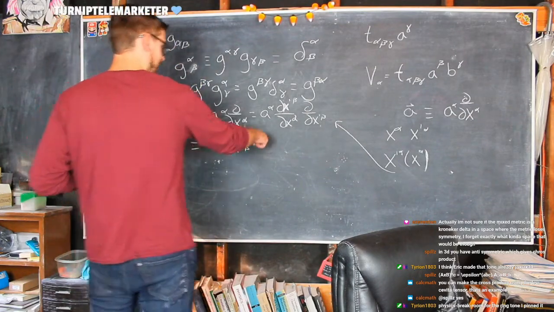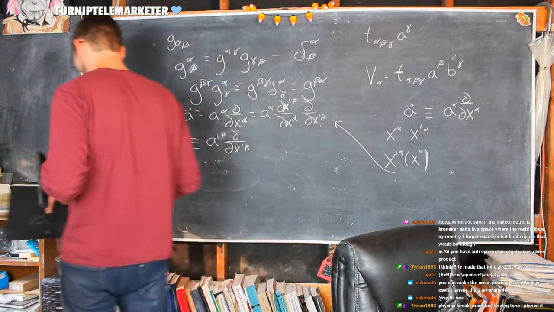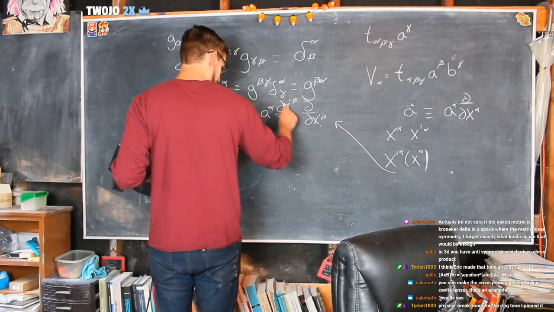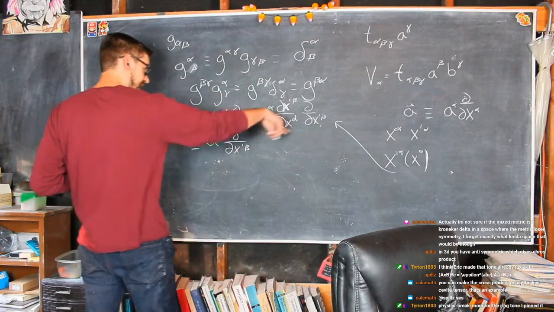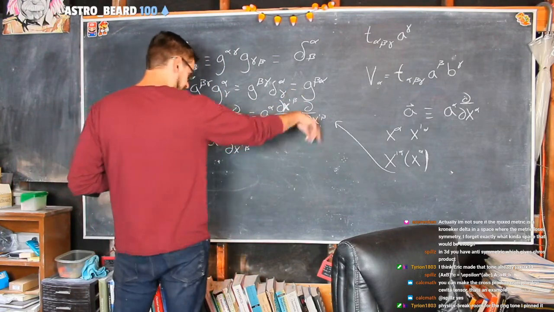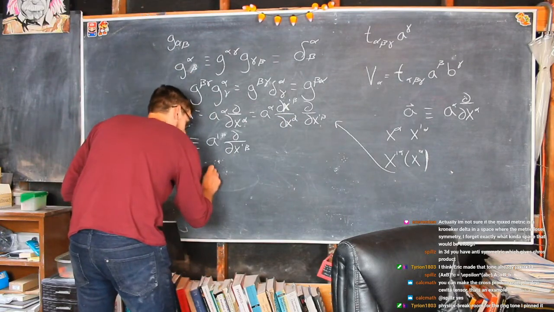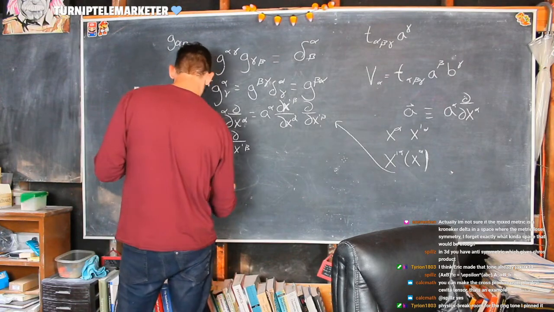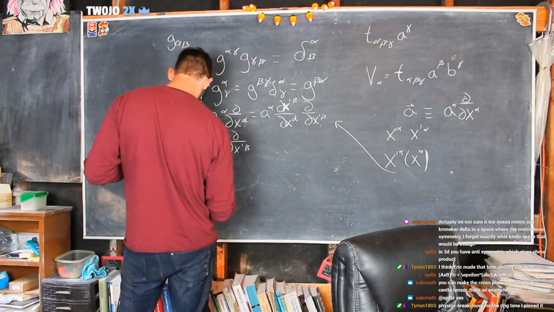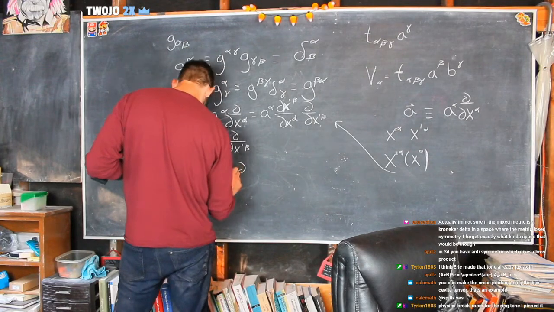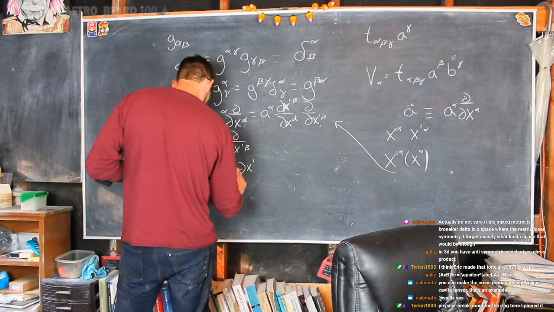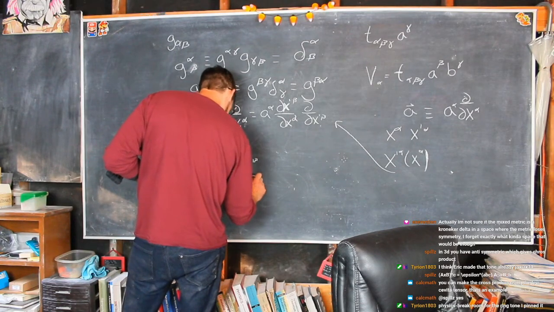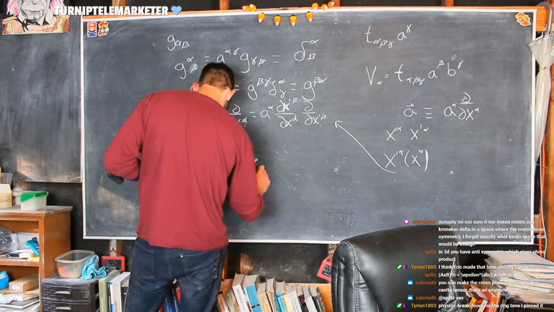Now here you have this component of a vector, A to the alpha, times the derivative of the new coordinate system with respect to the old coordinate system, and then times this derivative right here. You have that derivative right here again, so we can cancel that out on both sides and find that the components of a vector in the tangent space are equal to dx prime beta over dx alpha times A to the alpha.